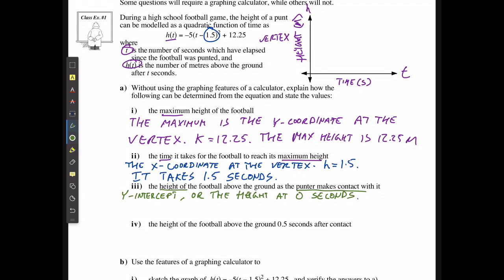So then I would say that the height at 0 seconds is going to equal -5(0 - 1.5)² + 12.25, or 1. The football starts 1 meter above the ground.